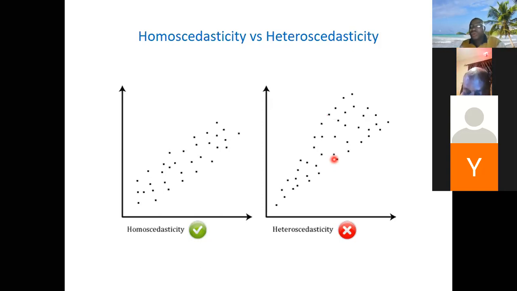Maybe you are recording a diagnosis. Over time, the prevalence of the disease may vary in the population, or the method of diagnosis may improve over time. You see that the variance may not be the same. So those are the things that can cause heteroscedasticity.